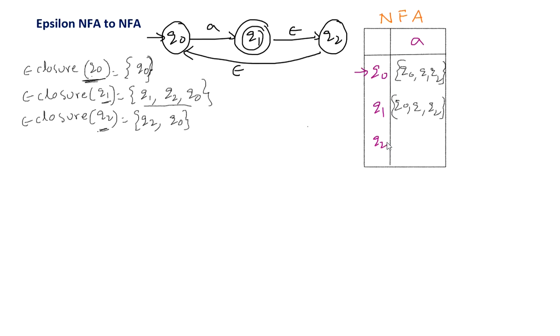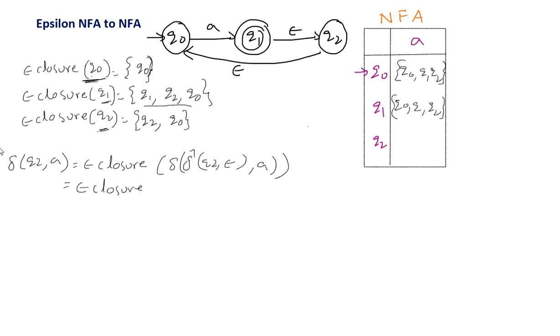Similarly, we need to calculate Q2 on A. For that, we need to use the formula: delta of Q2 on A is defined as epsilon closure of delta cap of Q2 on epsilon, on A. We can rewrite it as epsilon closure of delta cap of Q2 on epsilon, which is nothing but epsilon closure of Q2.